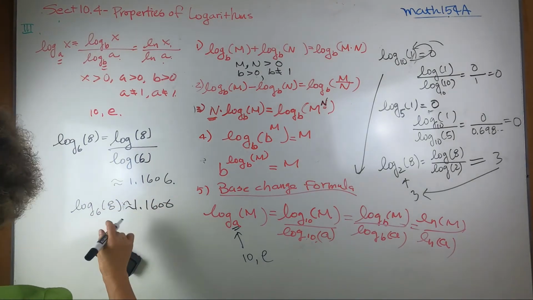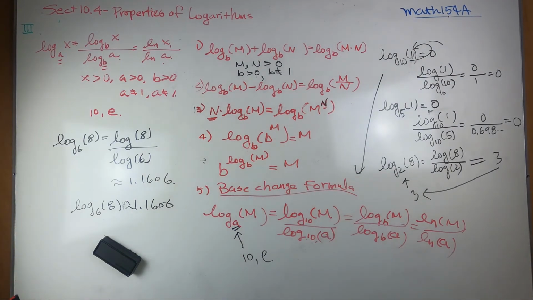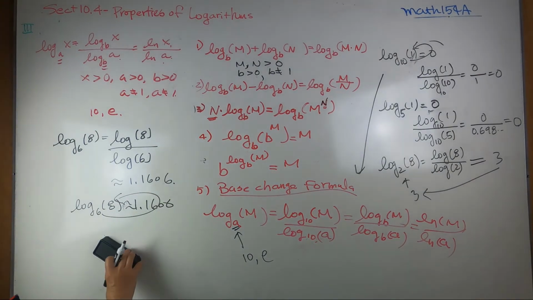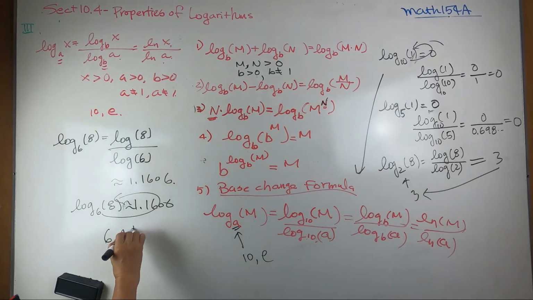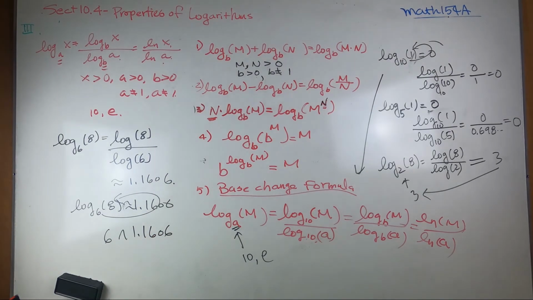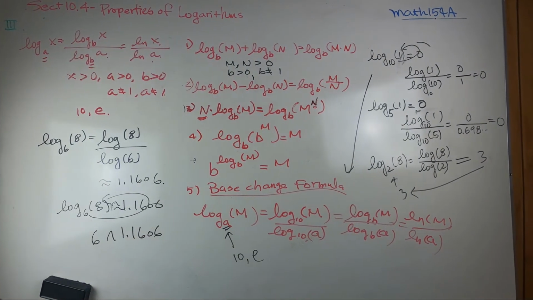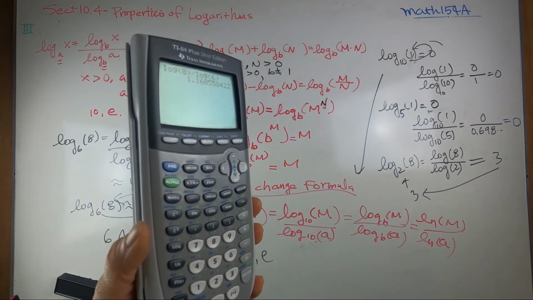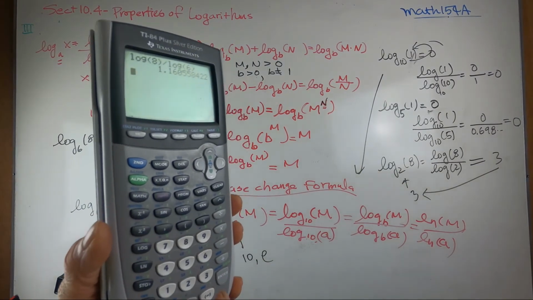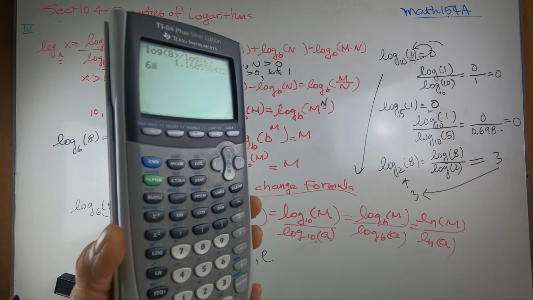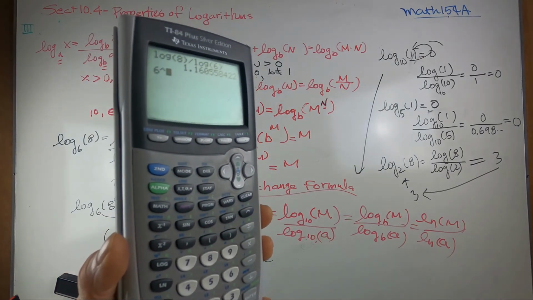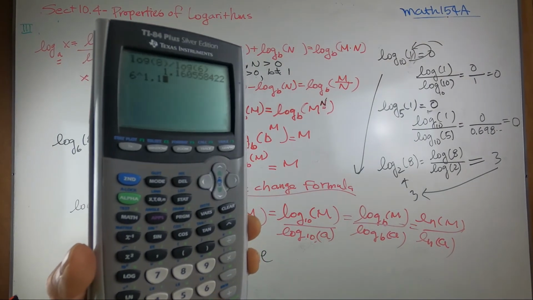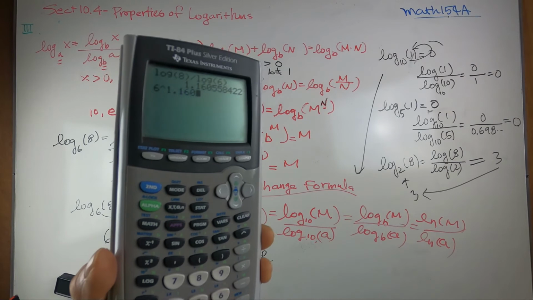So how do I check if it's right? If I do the inverse, what should I have? I should have 6 to the power of 1.1606. Let's try that. See if you can see. Oh, this is difficult, unless I use the desktop. Okay, I can do 6 to the power of 1.1606.